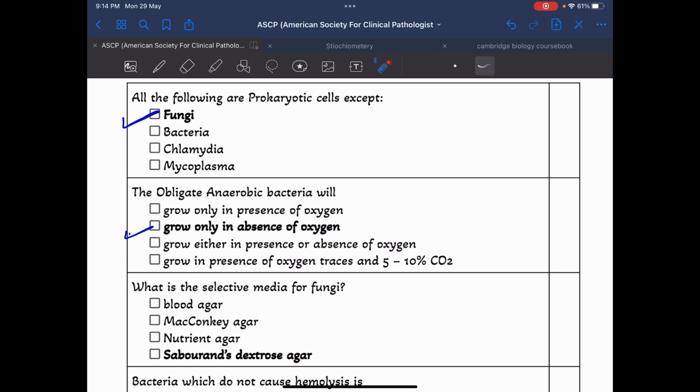But those that grow in the presence of oxygen are called aerobes. Those that grow in the presence and absence of oxygen are called facultative anaerobes.